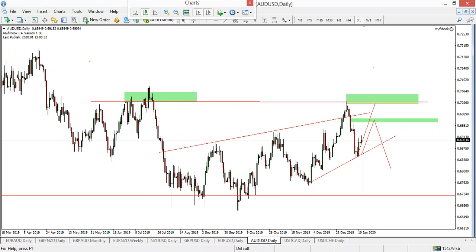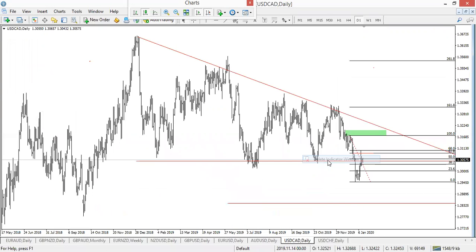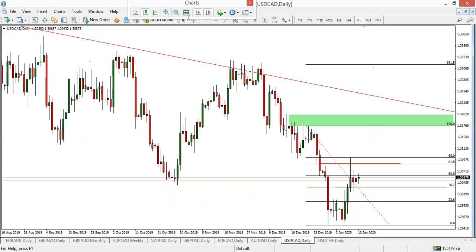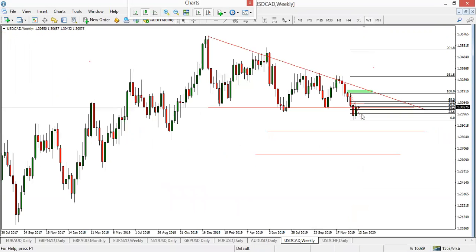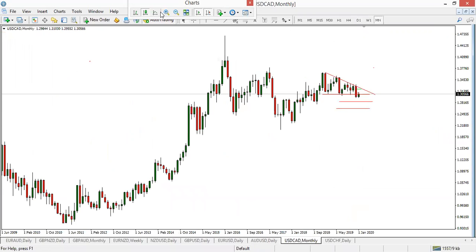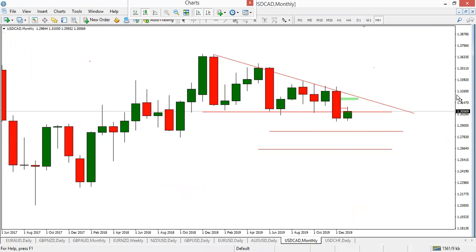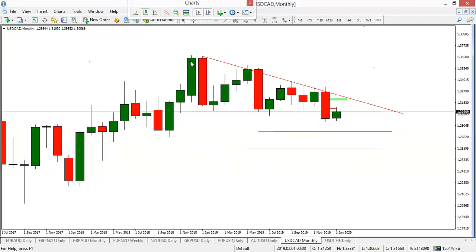Australian dollar, let's go to the USD CAD chart. So the USD CAD has been, from last year, giving us huge ranges. To give you a bigger picture on the monthly time frame, those of you familiar with patterns will be able to see that this is a descending triangle.